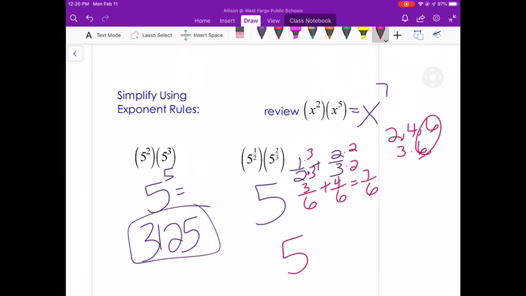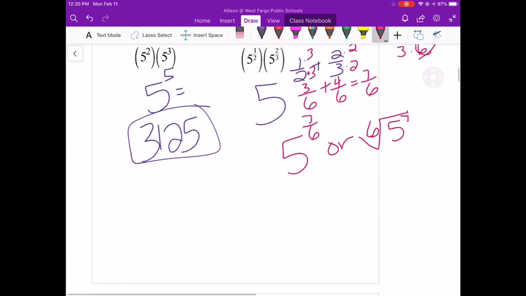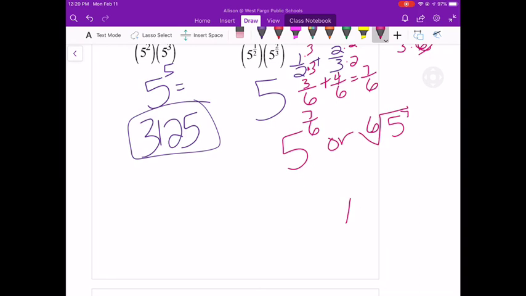So that's 5 to the 7/6. Or you could say that's the 6th root of 5 to the 7th power. And then if you write it in the root form, we can simplify it even further, because now we have 5 to the 7th down here, and we have a 6th root, so you could take out one group of 5.